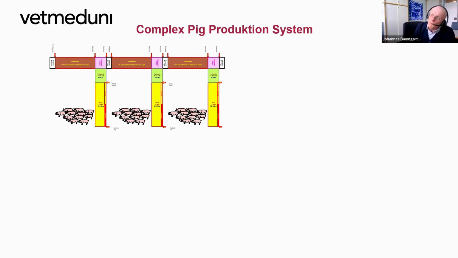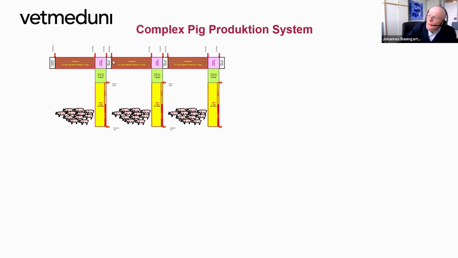So 3 months, 3 weeks, 3 days, you can remember. Then they give birth to the piglets, to the litter, which is 15 to 20 piglets per litter, which is suckled. The lactation period on average lasts for about 4 weeks.